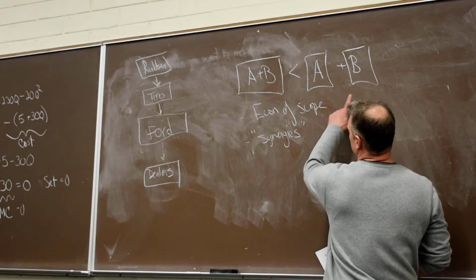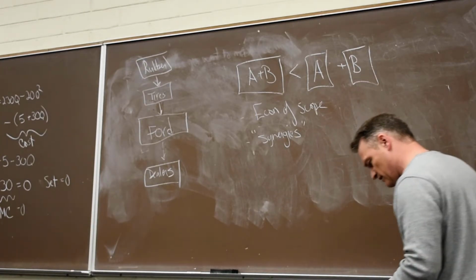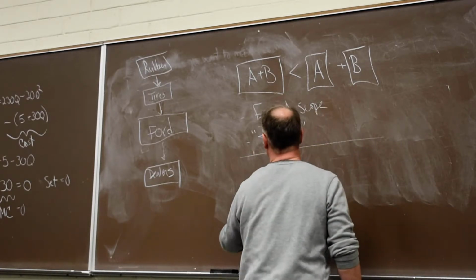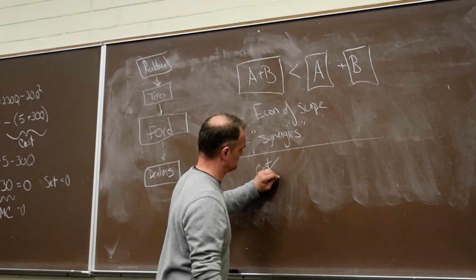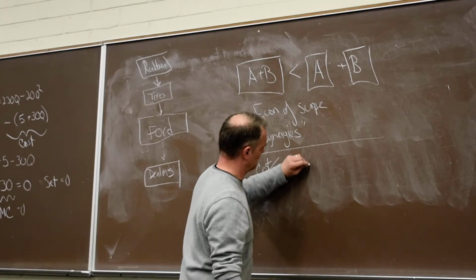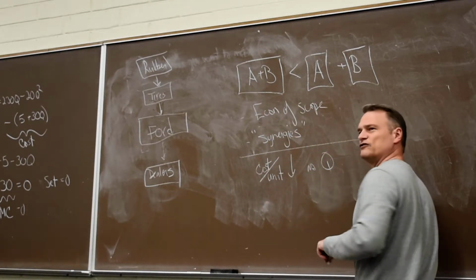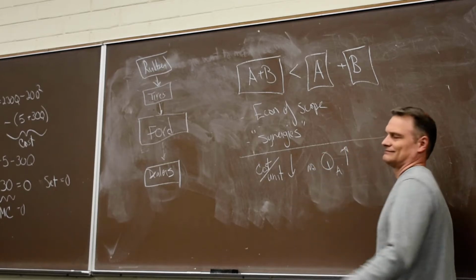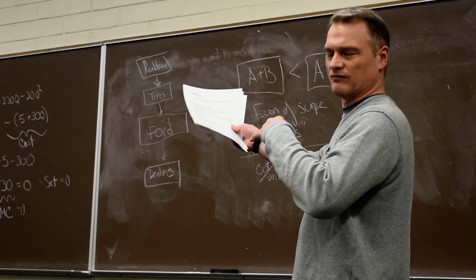So that's an economy of scope. Economy of scale means that the cost per unit goes down as the quantity of good A goes up. Like the cost of producing good A goes down as quantity of good A goes up.